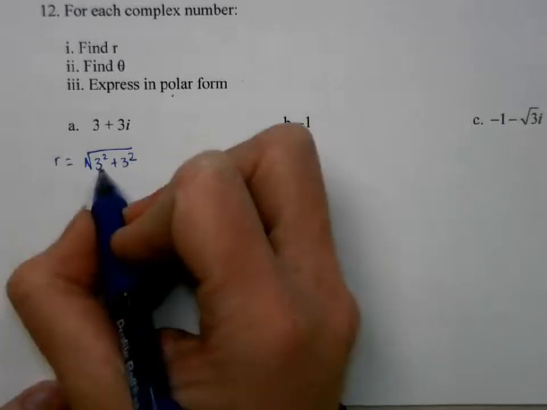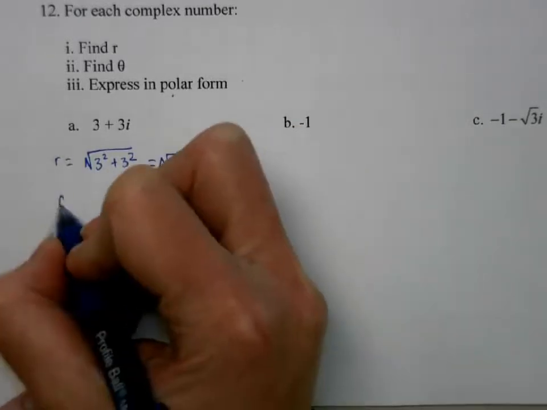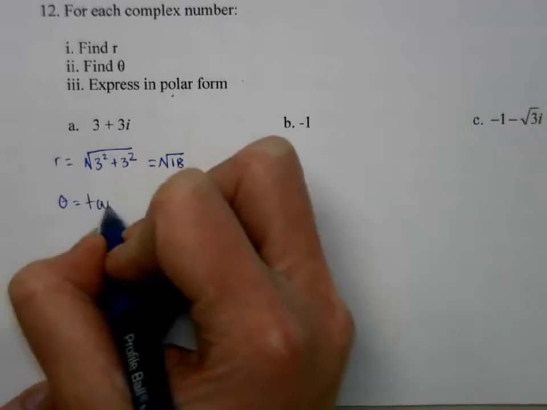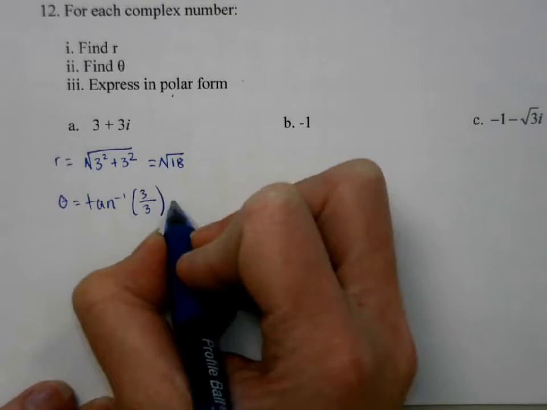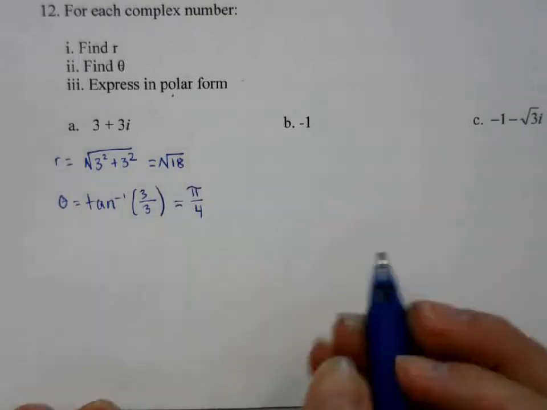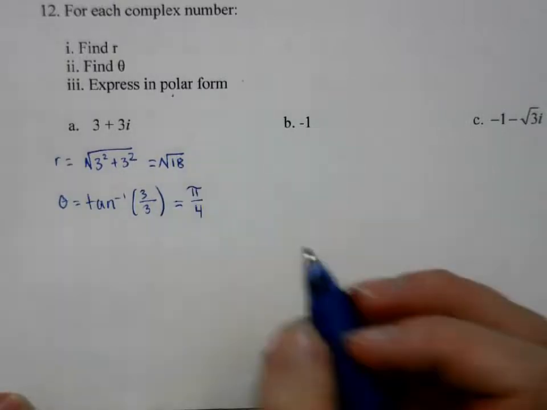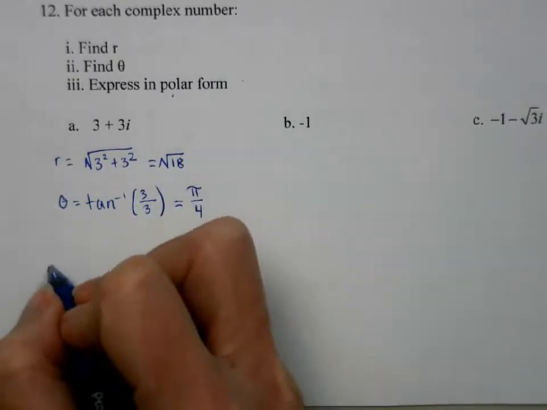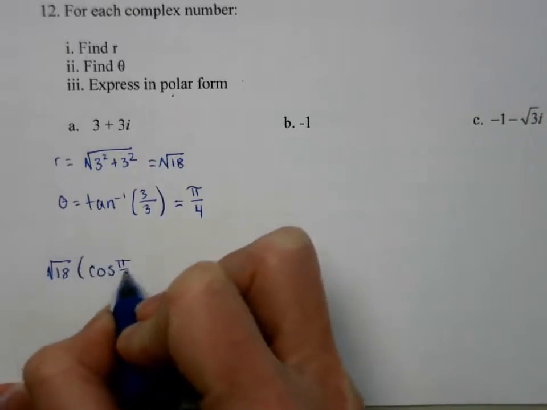Theta is going to be the tangent inverse of 3 over 3, which is 1. In the first quadrant will give us pi over 4. So the polar form of the complex number is going to be root 18 on the outside, cosine pi over 4 plus i sine pi over 4.